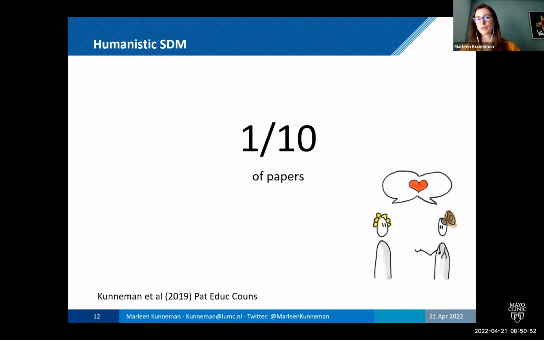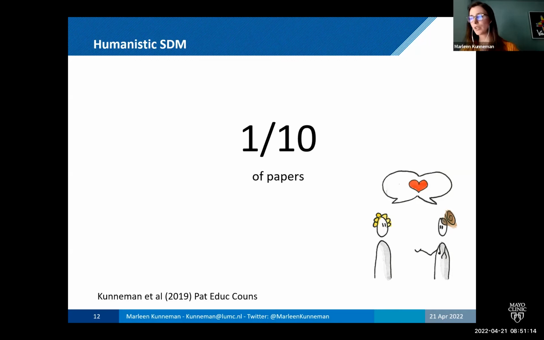In another systematic review, we looked at whether shared decision-making studies also focus on humanistic approaches to shared decision-making, so compassion and respect and empathy. And we found that about 1 in 10 papers have at least one single mention of one of these aspects in their paper.